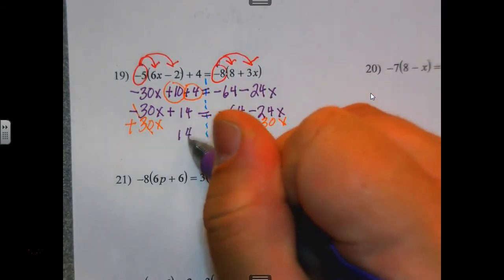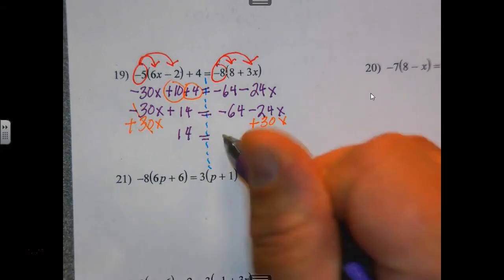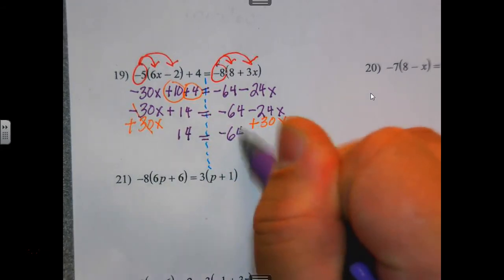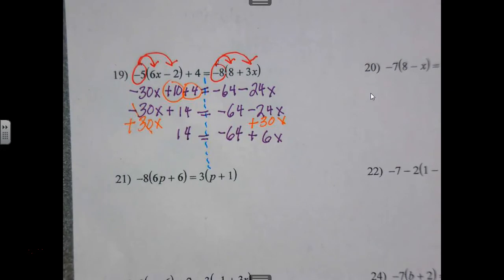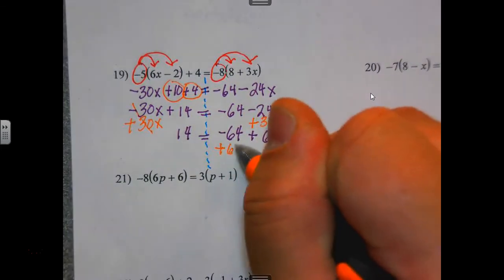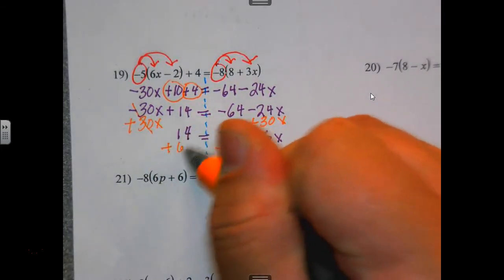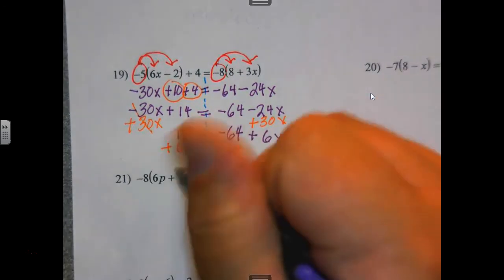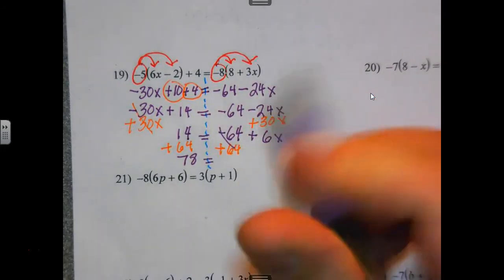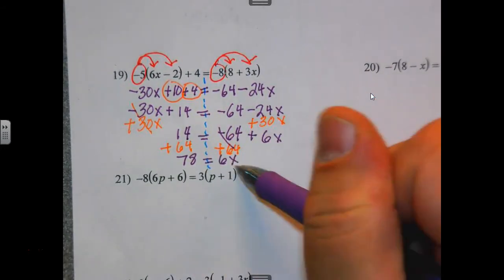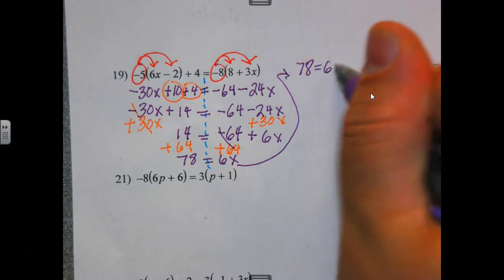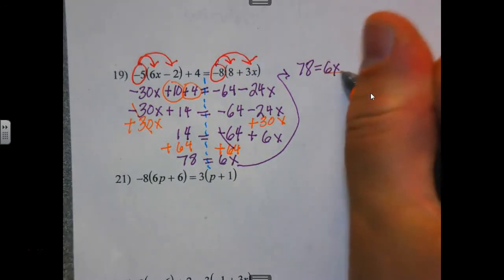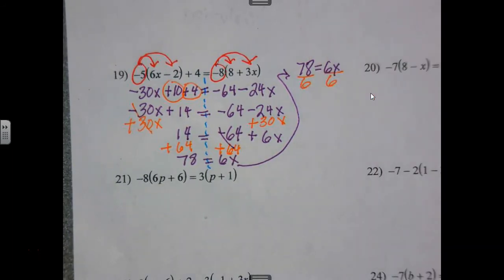So I get 14 equals negative 64 plus 6x. Then I'm going to add 64 to both sides. Okay, it's 78 equals 6x. And divide both sides by 6. It is 12. No, it's not 12.